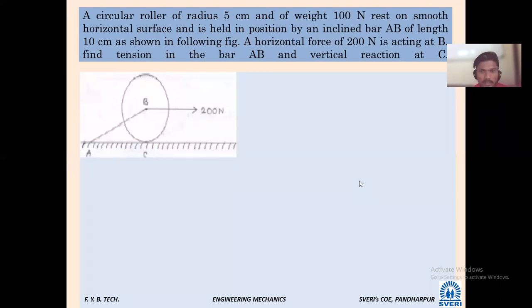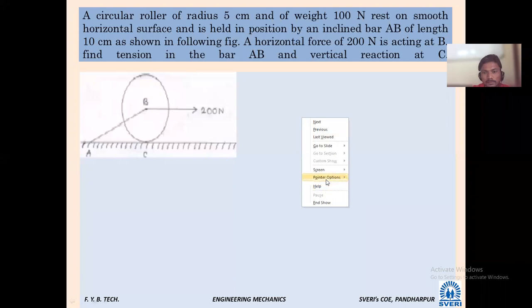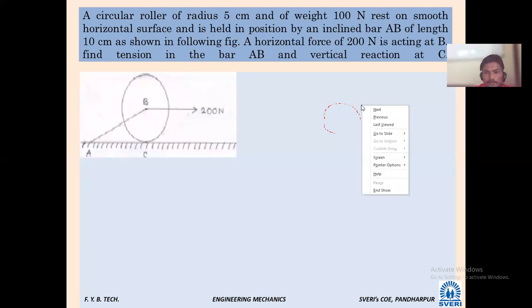Will you read the problem statement, all, and let me know what we can do here? Have all of you read the problem, or are you reading? Do you know what a roller is? Yes, sir.